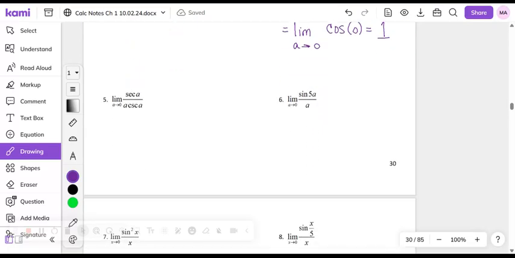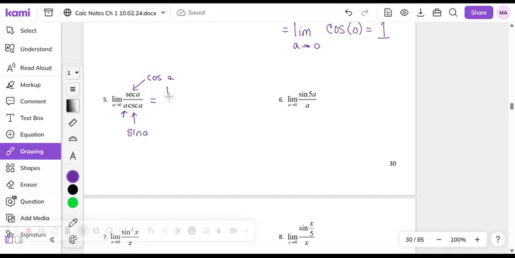Okay, the next one. Oh, I have some reciprocal functions here. So the limit as a approaches 0, well, if I were to drop a 0 right here, we'd have a 0 in our denominator. And then we have secant of a over cosecant of a. I know the reciprocal of secant is cosine, and I know the reciprocal of cosecant is sine.